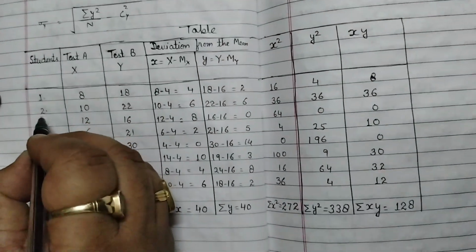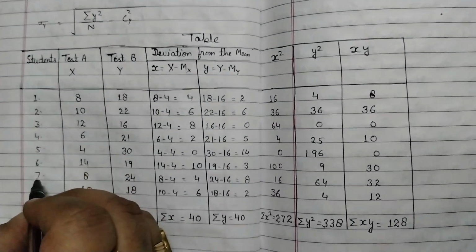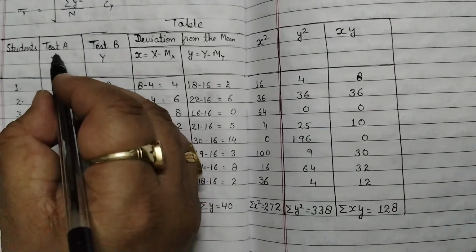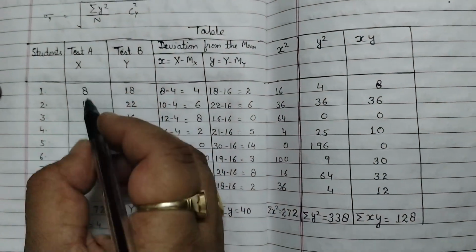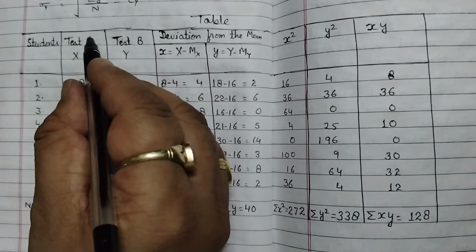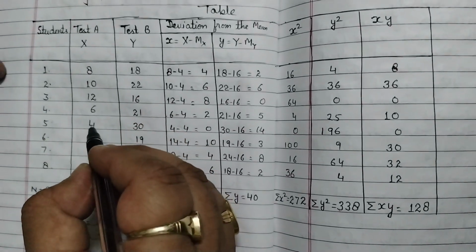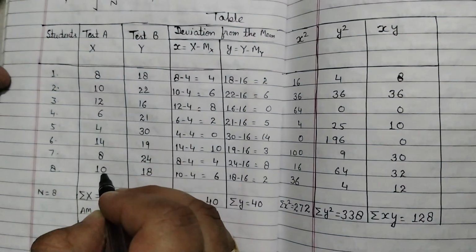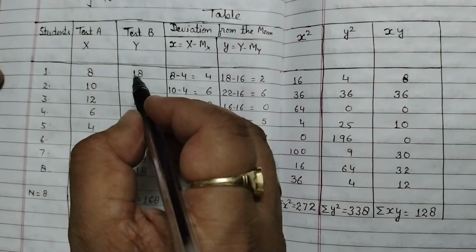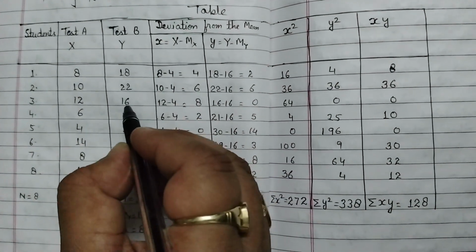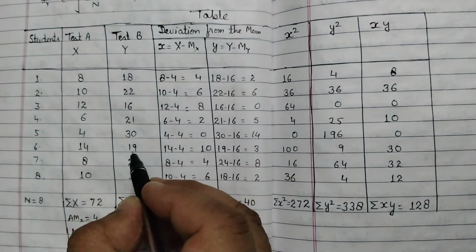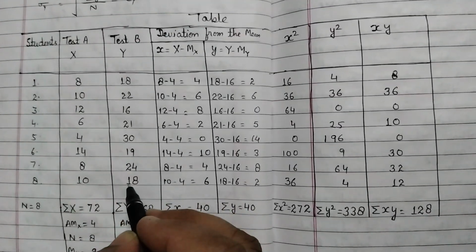There are 8 students, and the test A scores are 8, 10, 12, 6, 4, 14, 8 and 10. Test B scores are 18, 22, 16, 21, 30, 19, 24, 18.